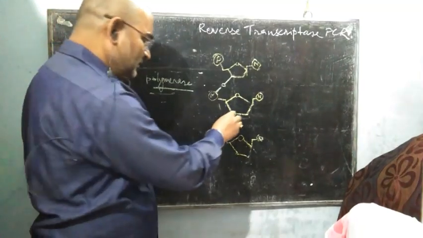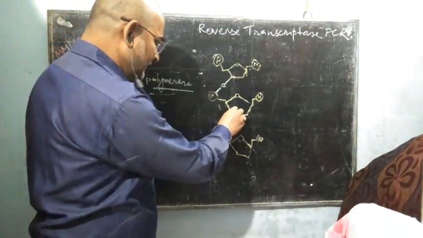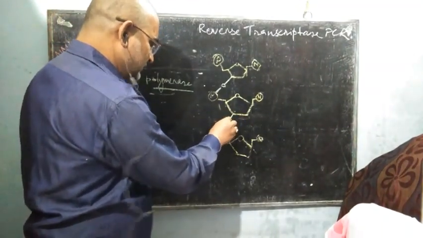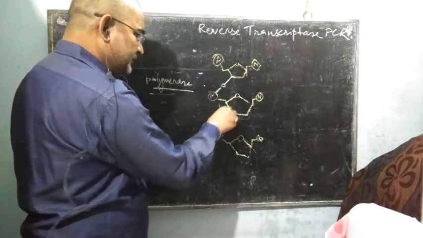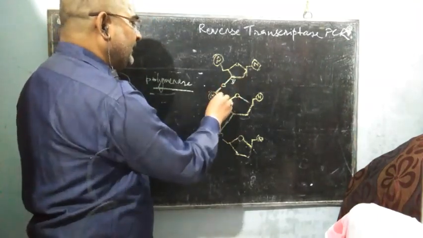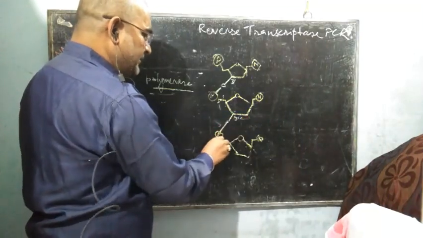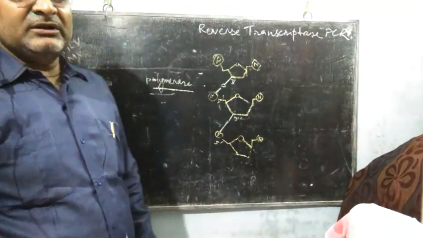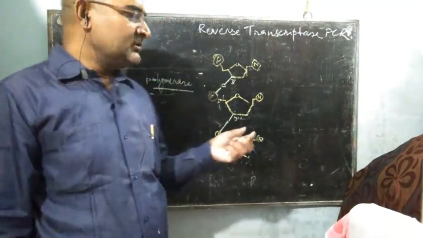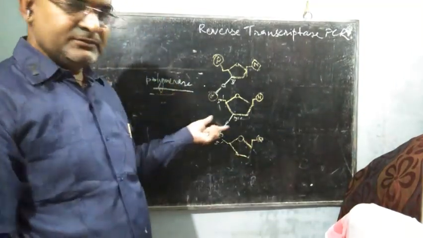Again here the second phosphoester bond. That means it is responsible for the formation of the 3'-5' phosphoester bond.